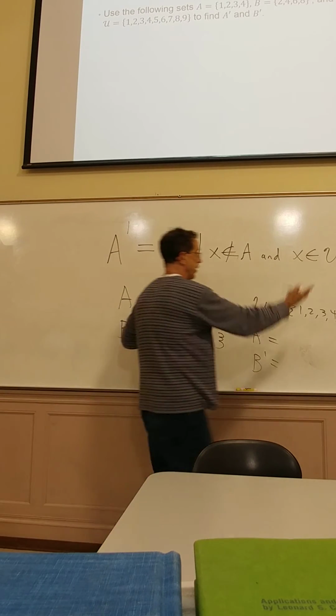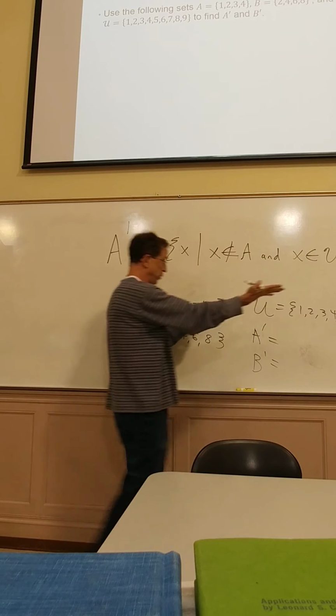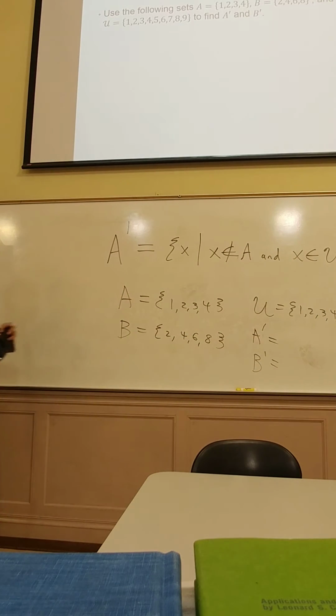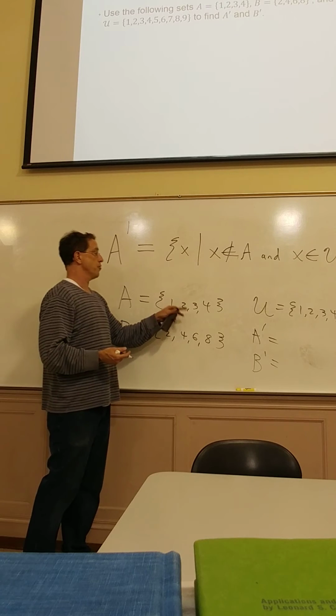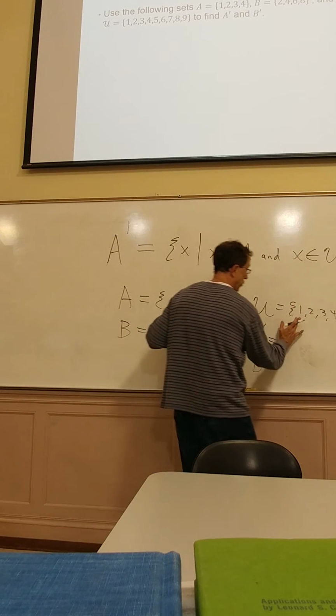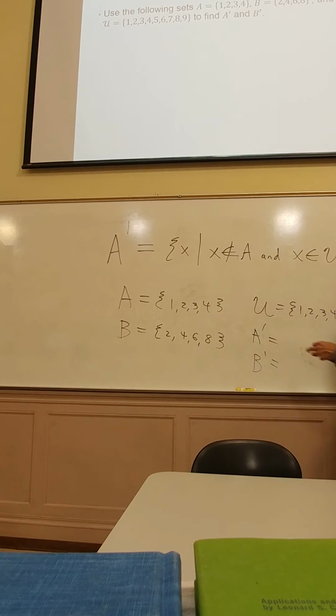Well, if you have an index to draw from, which we do, the universal set, it makes a lot more sense. You go to U and look, and then you pull out the elements that are not in A, which will be 5, 6, 7, 8, 9.